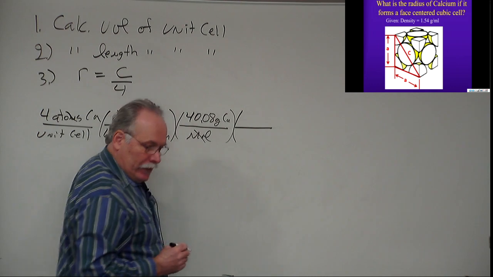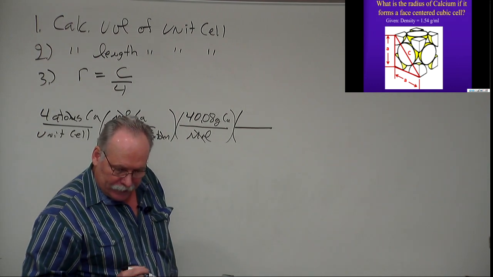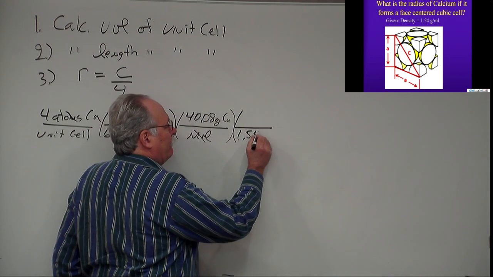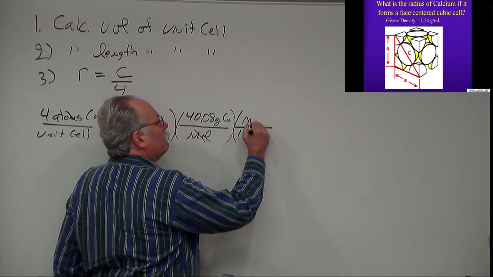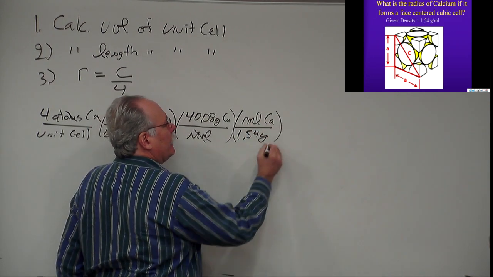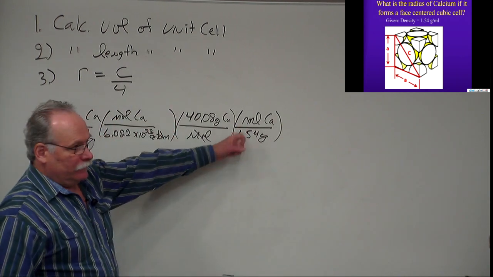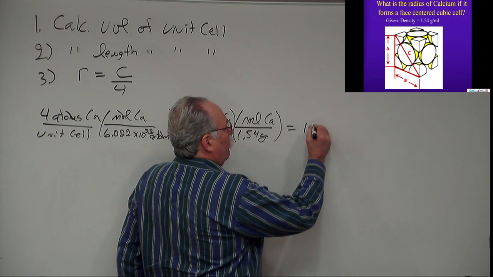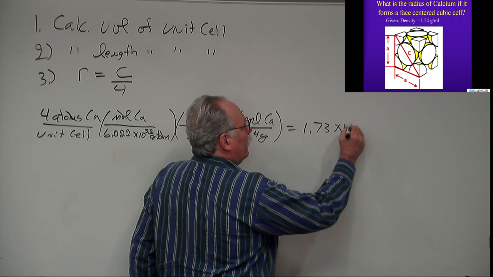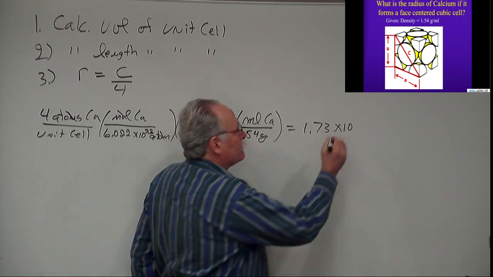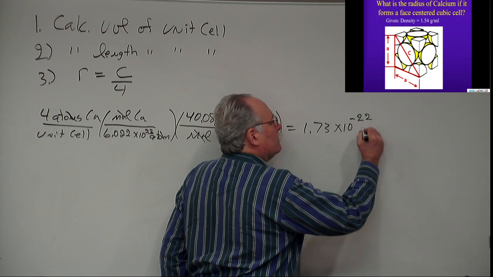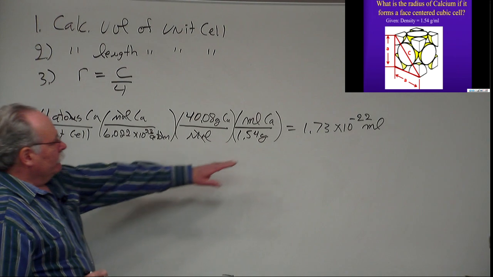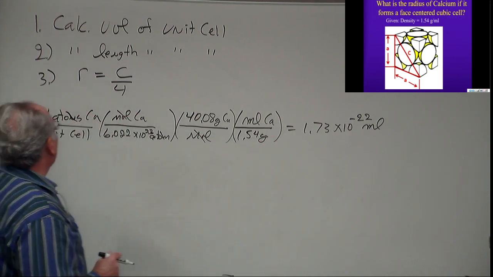So the density of calcium is 1.54 grams per milliliter of calcium. Remember, a milliliter is a centimeter cubed. And I bring out my calculator, and I get 1.73 times 10 to the minus 22 milliliters.